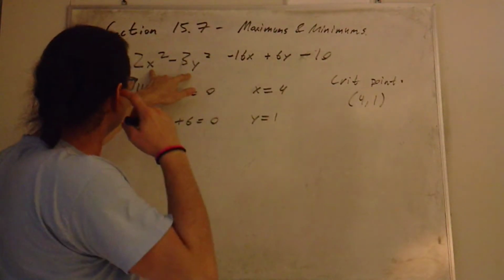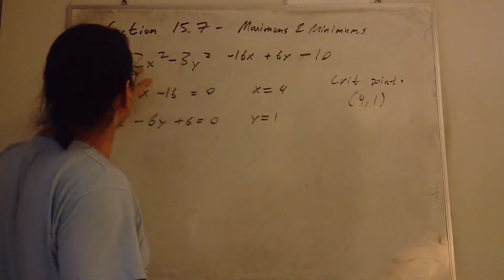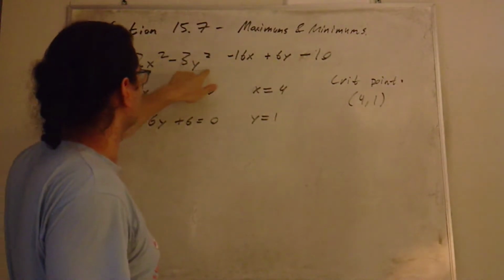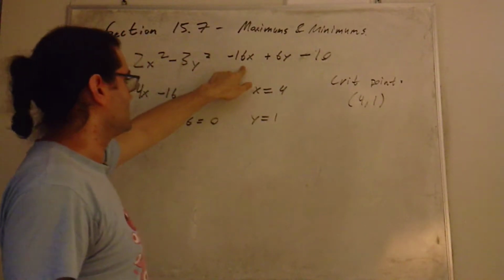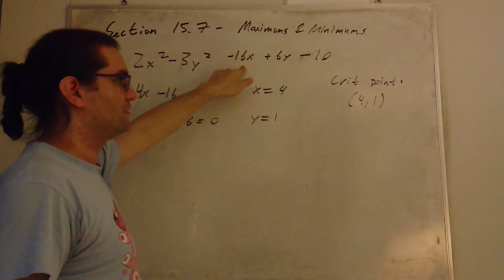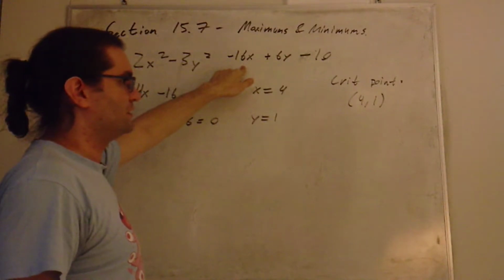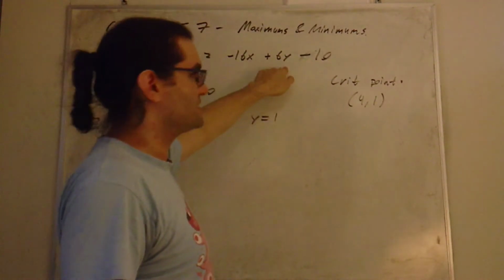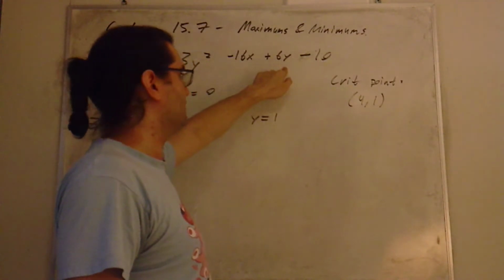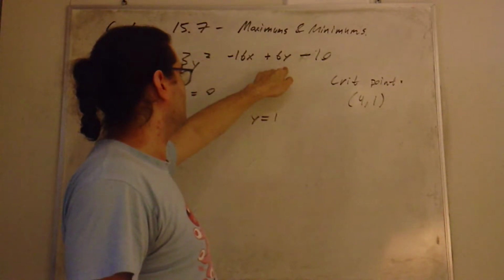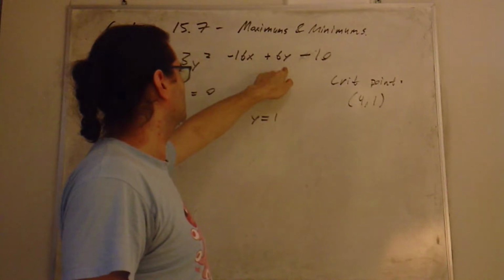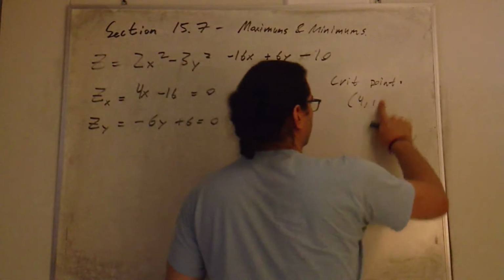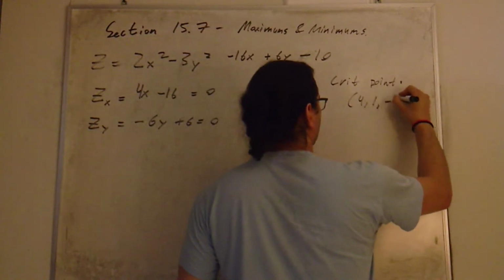So when we plug in 4, we get 32 minus 3 is 29, minus 64 is negative 35, plus 6 is negative 29, minus 10 is negative 39. Okay, so my critical point is 4, 1, negative 39.